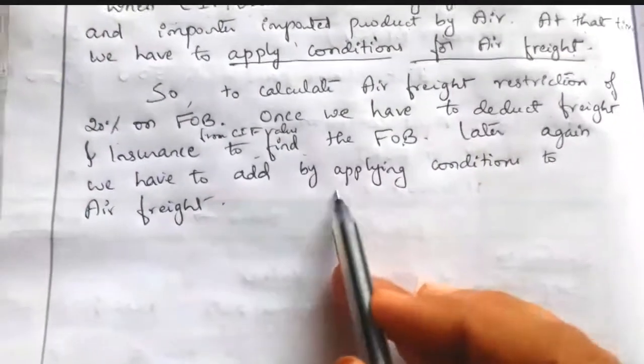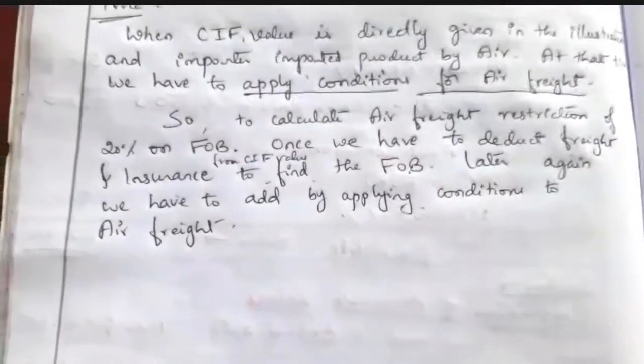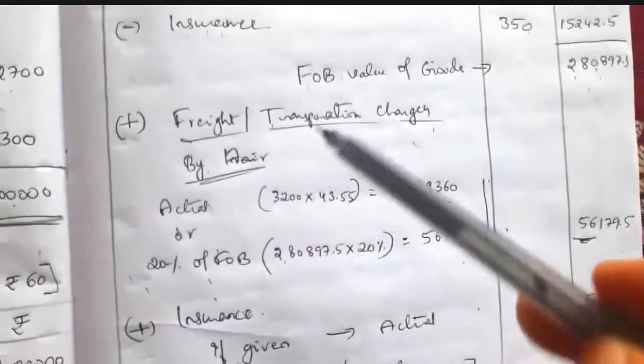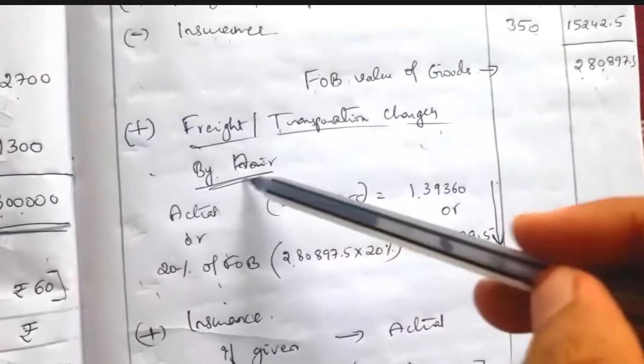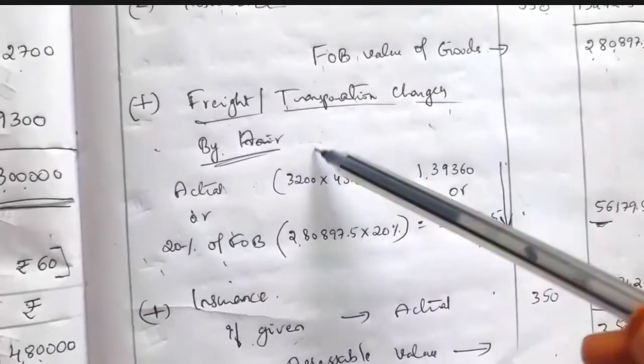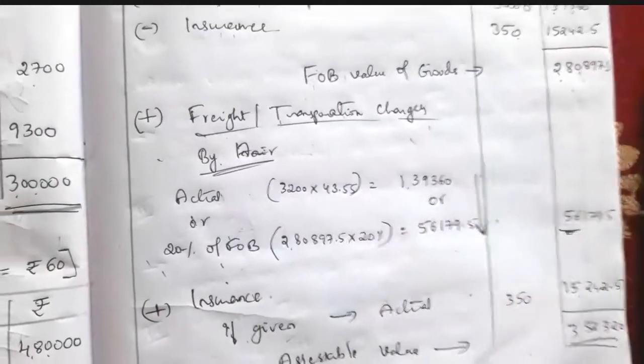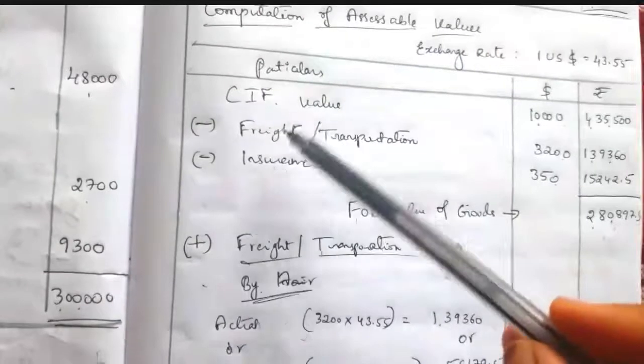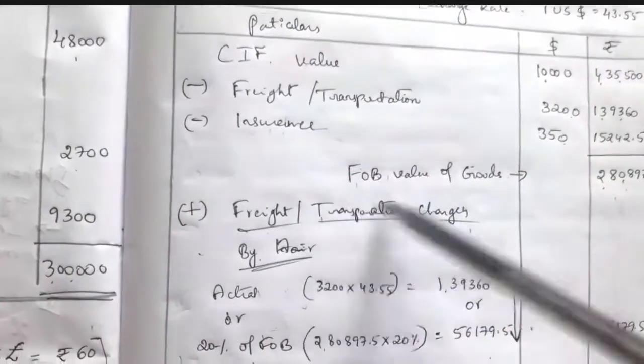Later again we have to add the freight and insurance by applying the condition for air freight, that is actual or 20% of FOB. So here we are cancelling this to find the FOB.